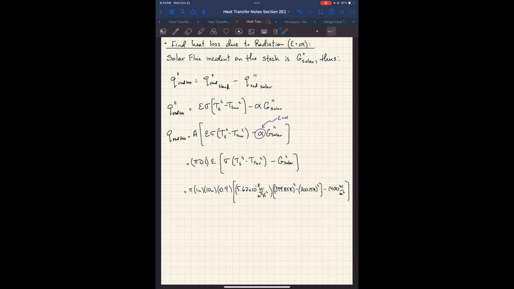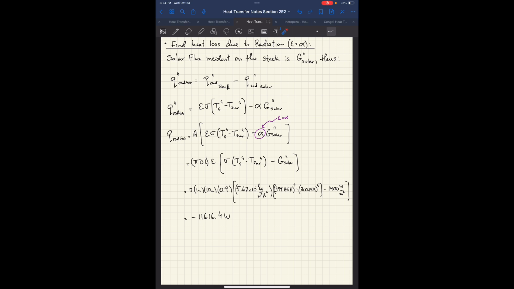Okay, notice that this term is still a flux, this term is still a flux. It will cease to be a flux when it is multiplied by this surface area, which will turn it back into regular Q. So you're going to find that you end up with a negative number. It's going to be negative 11616.4 watts. So what does this mean? The negative basically means that the net radiation is absorbed. The exhaust stack is absorbing.